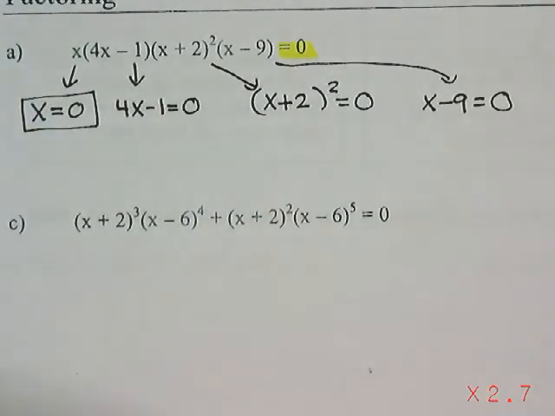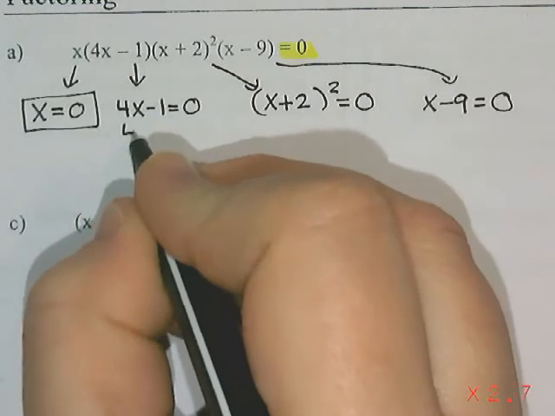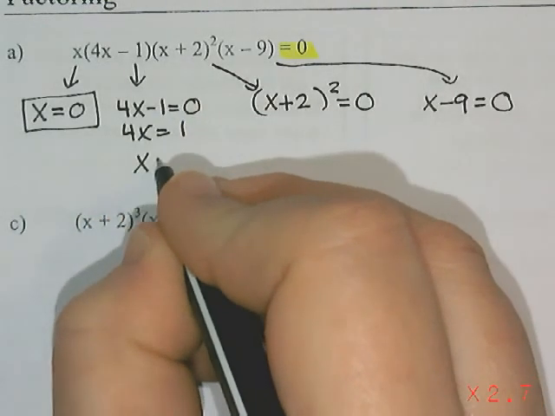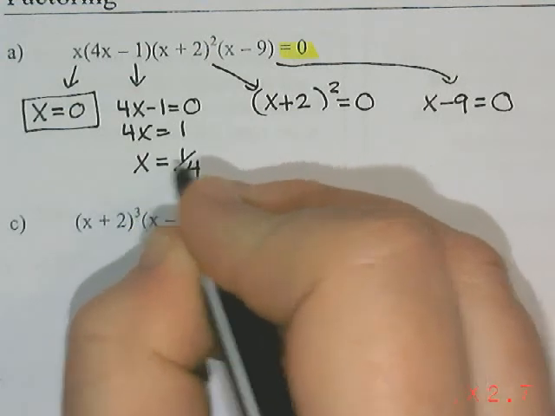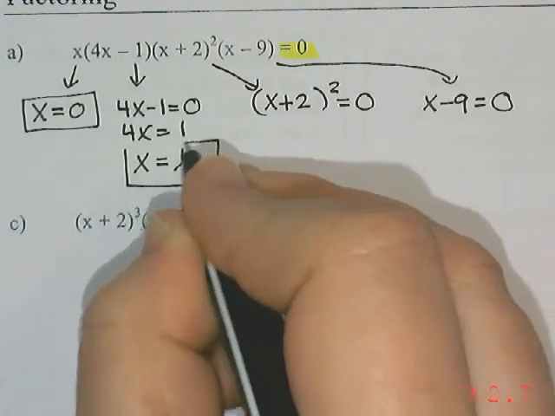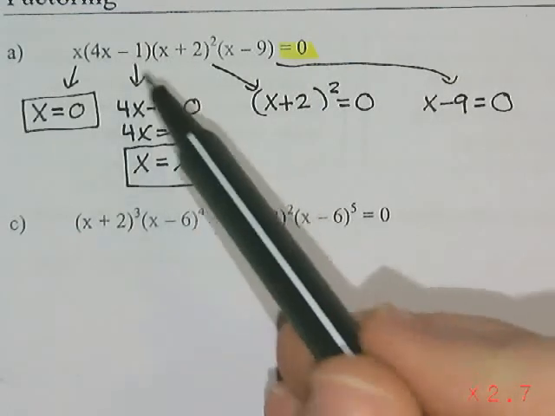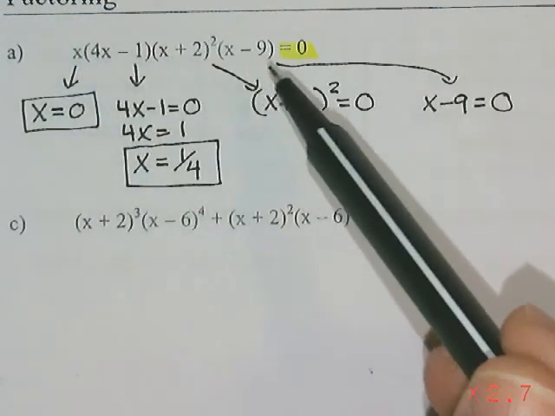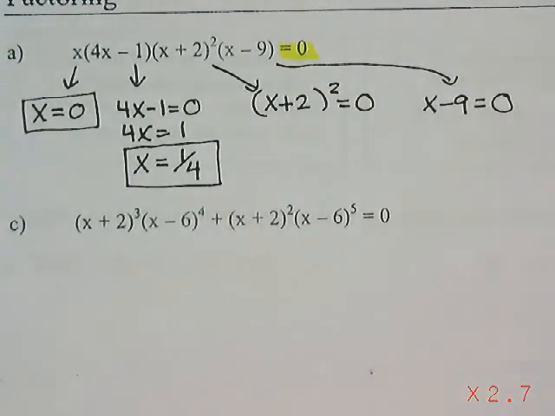For 4x minus 1, I would add 1 to the other side to get 4x equals 1, and then divide by 4 to get x equals 1 over 4. So if I put 1/4 into this bracket, it would equal 0, and then anything times 0 is automatically 0.